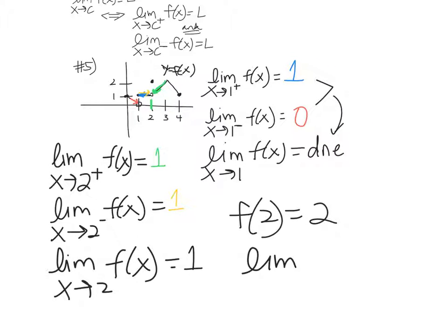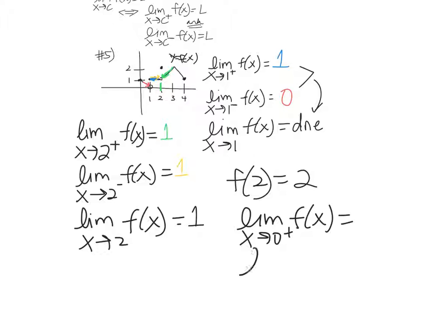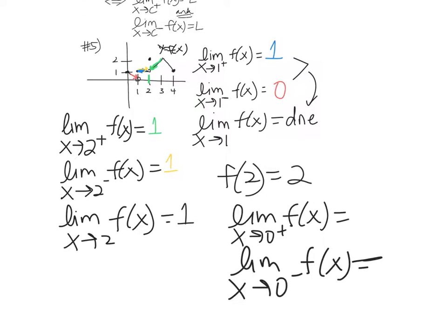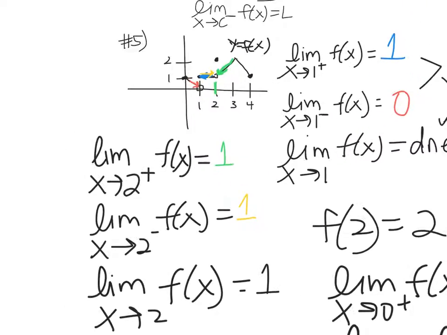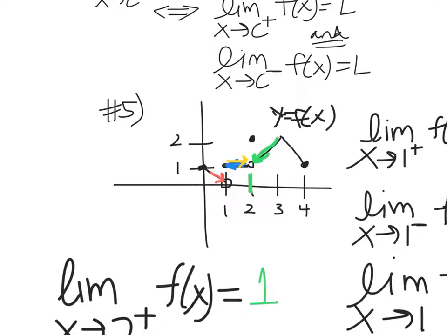What's the limit as x approaches 0 plus? And what's the limit as x approaches 0 minus? As I'm getting closer and closer to 0 from the right-hand side, my y value is approaching what? 1.